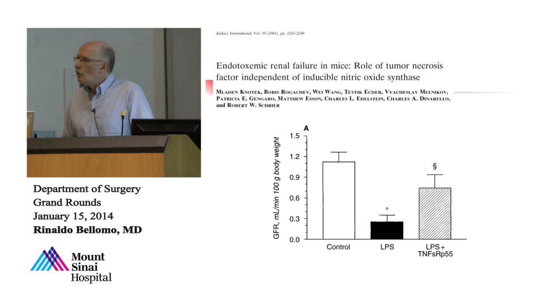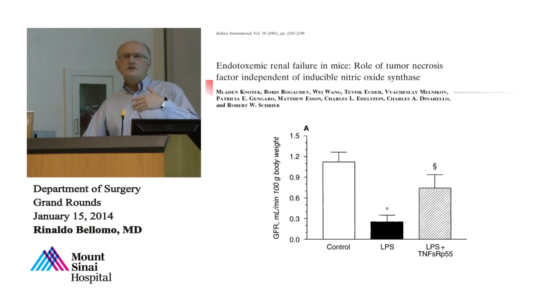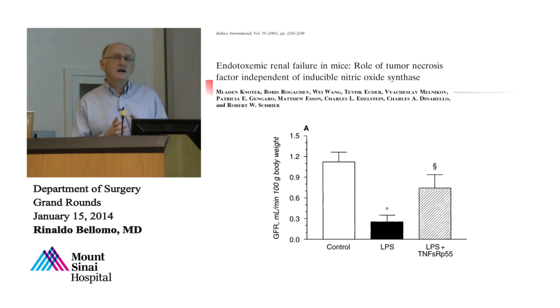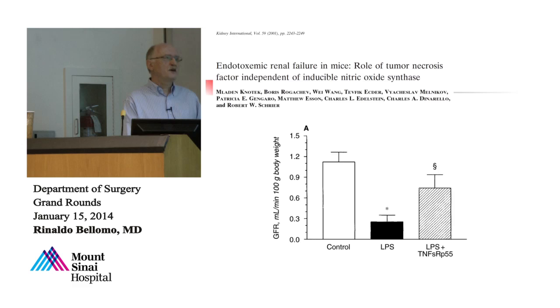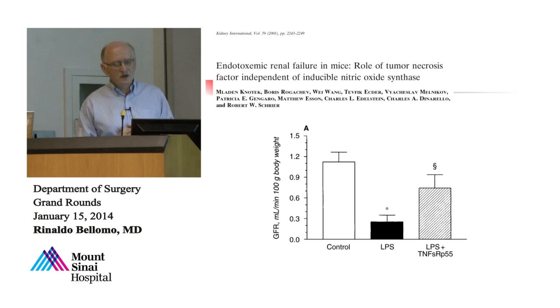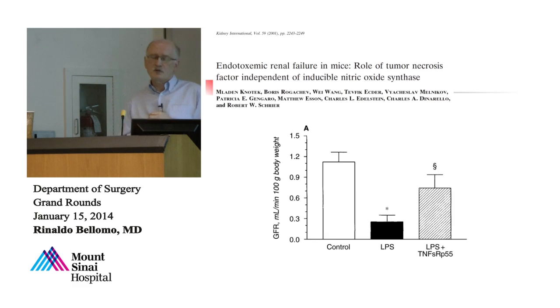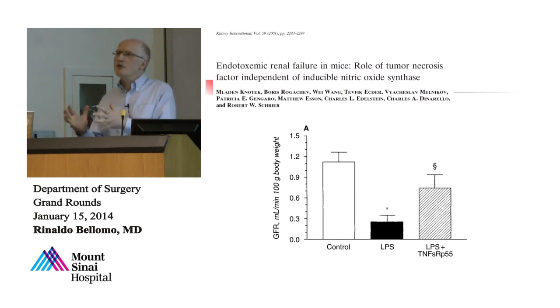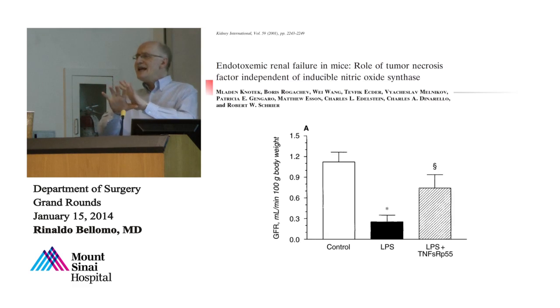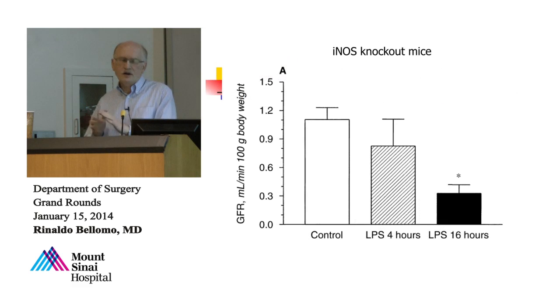Okay, but then what's driving these processes? What are the factors that are responsible for these changes? It may well be that inflammatory factors are responsible. Certainly in animal models, the blockade of the activation of some of these inflammatory pathways like tumor necrosis factor with soluble receptors is able to abrogate the loss of function without any systemic hemodynamic effects, suggesting that there are local effects.